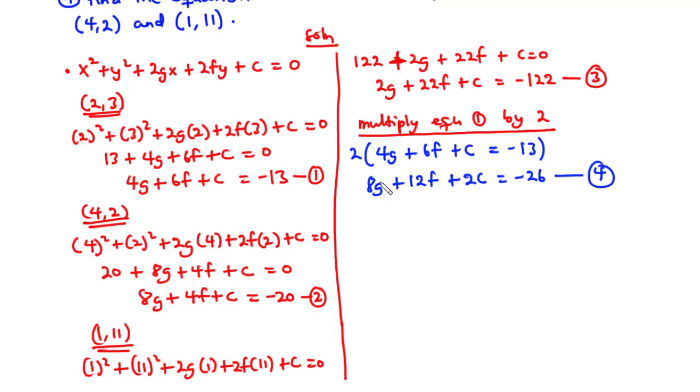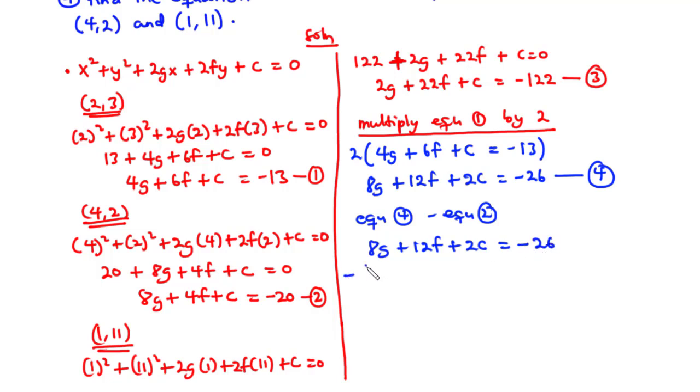Now we have 8g for equation 4. We have 8g for equation 2. So we can subtract equation 2 from equation 4. So we say that equation 4 minus equation 2. For equation 4, we have 8g plus 12f plus 2c equals negative 26.